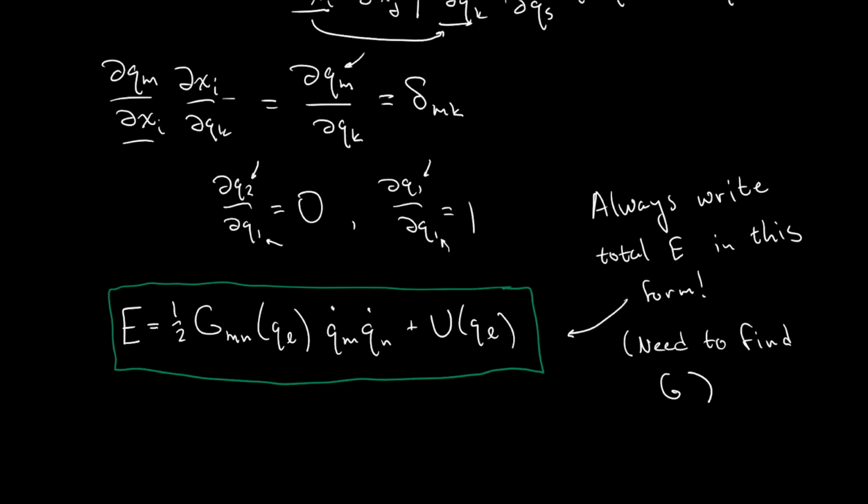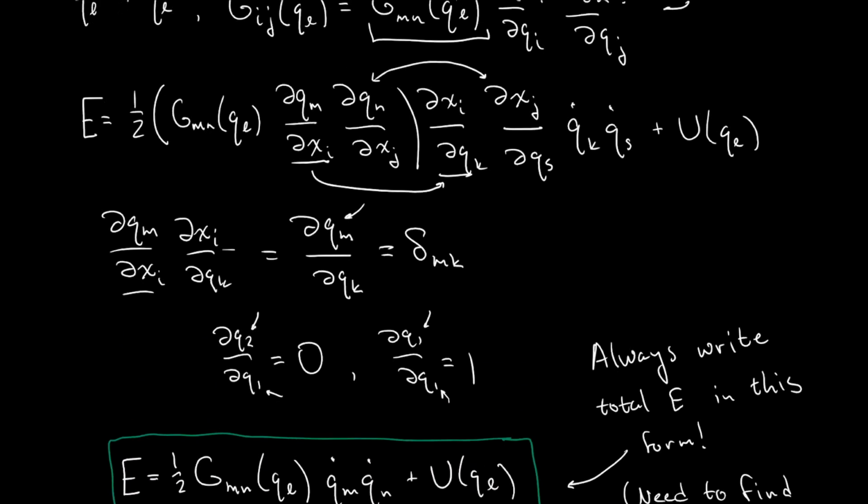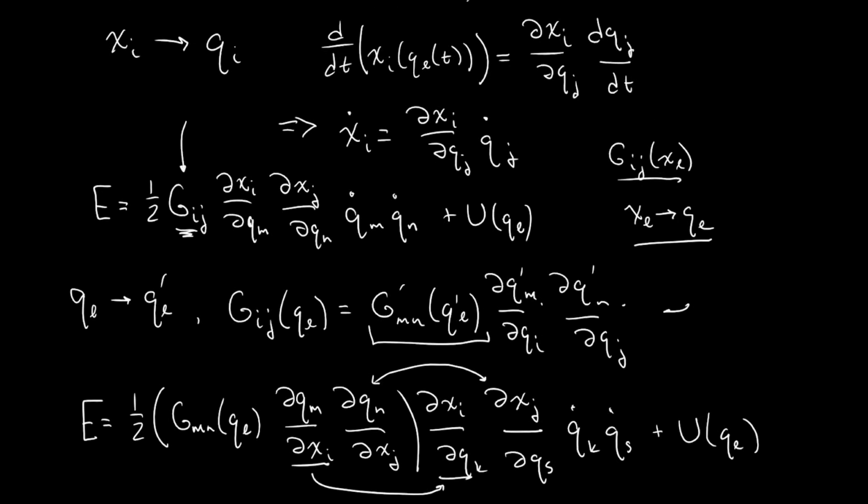But G isn't actually too difficult to find, because as long as I'm starting from some set of coordinates where I know the form of energy, say Cartesian coordinates, I can always just do coordinate transformations to get to some new set of coordinates. But I know how G transforms.